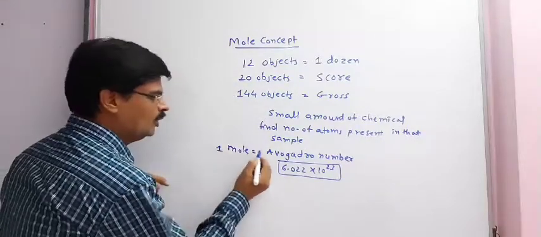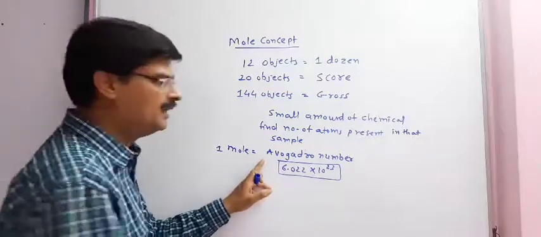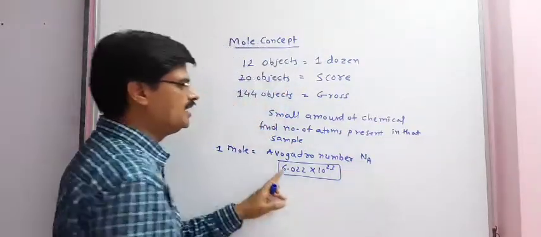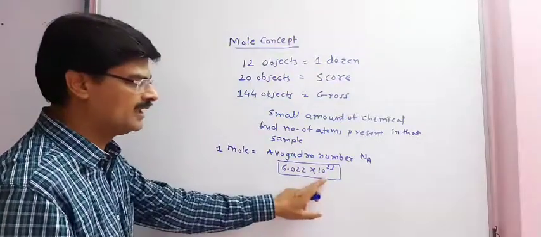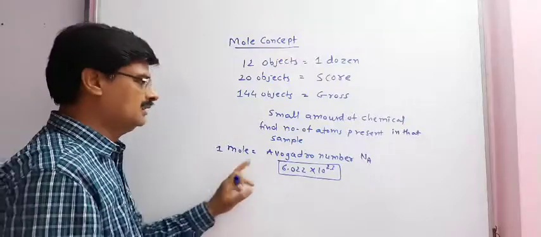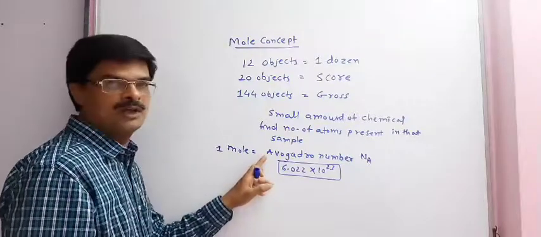So 1 mole is equal to the Avogadro number NA, and it is 6.022 into 10 raised to 23. To honor Amedeo Avogadro, this is also known as the Avogadro number.